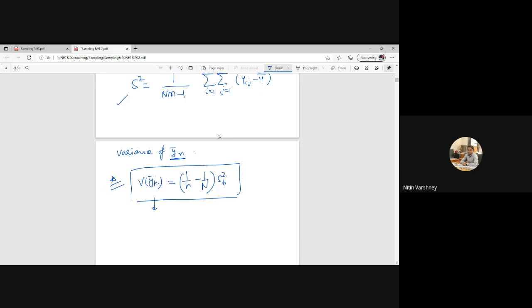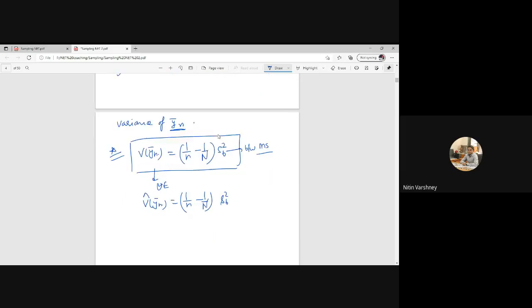Okay, and its unbiased estimator will be the estimator of the variance of y bar n dot, 1 upon n minus 1 upon capital N, times small sB square. This is the between mean square, between clusters mean square.